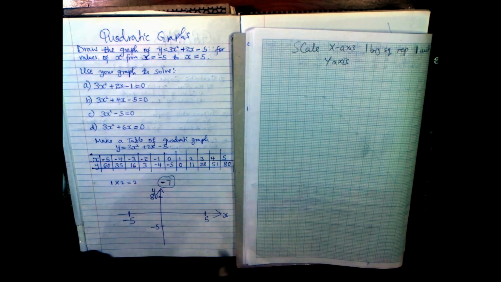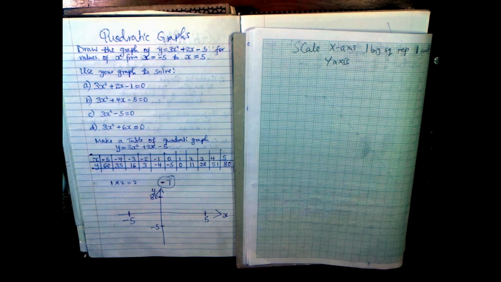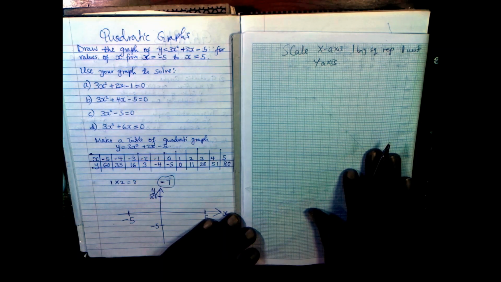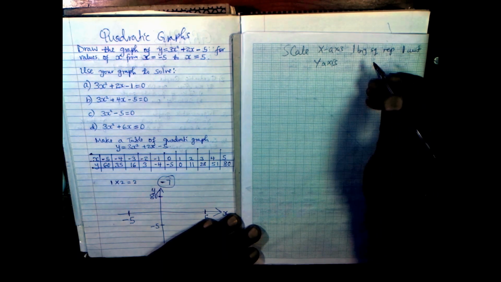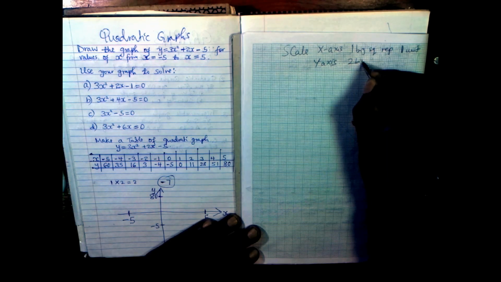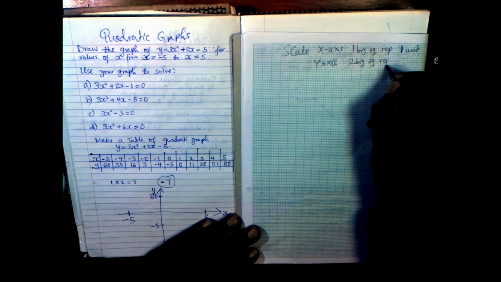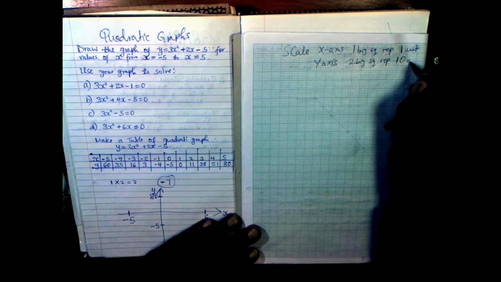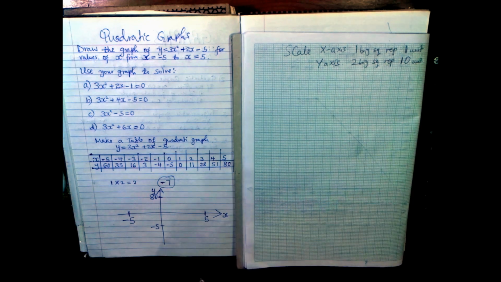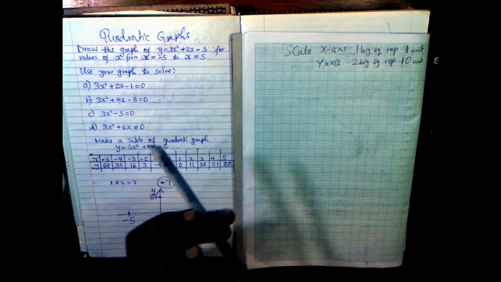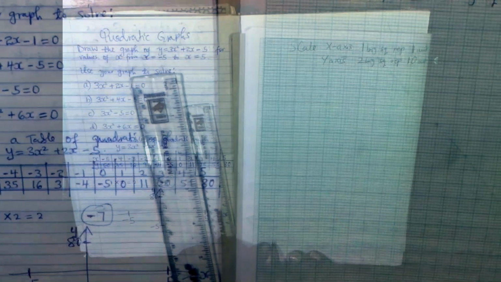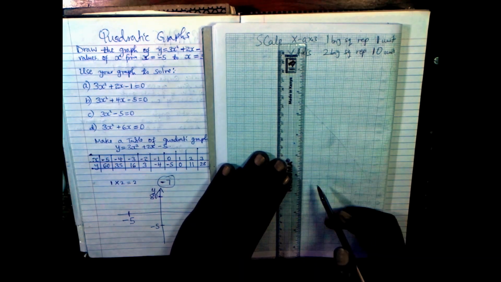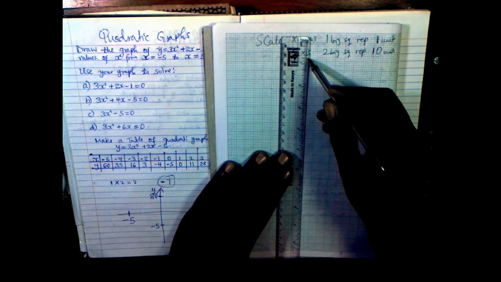I divide 100 by 5, that goes 20, so I can say 2 big squares represent 10 units. So now I can draw, and I need to balance and draw from the center. So let me start drawing the y-axis.